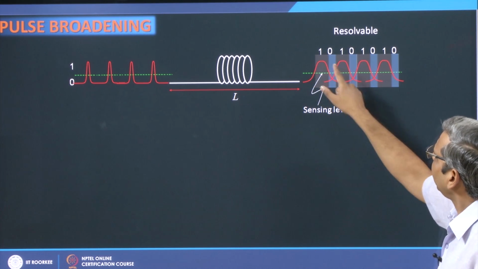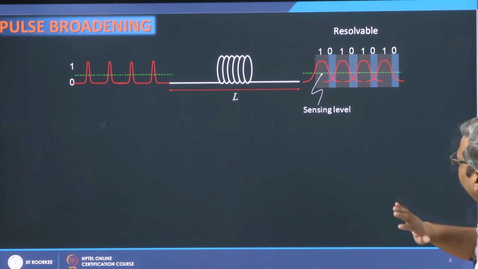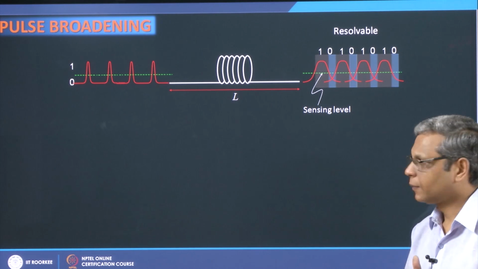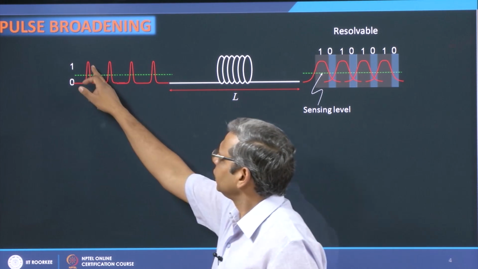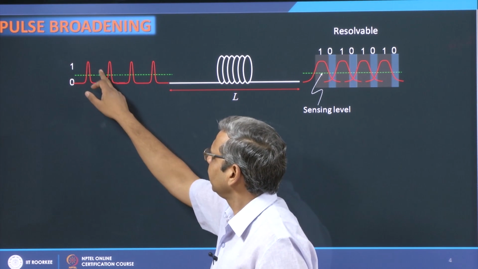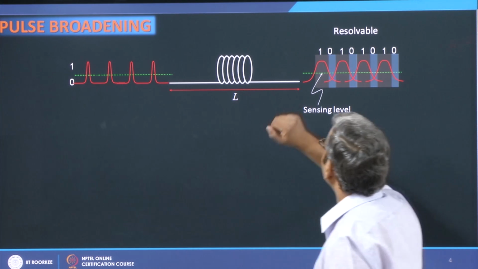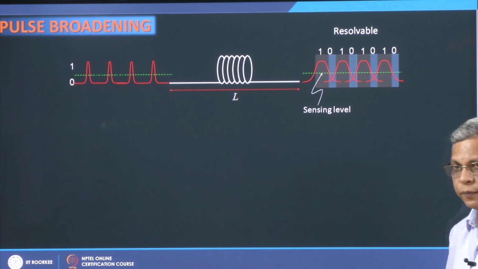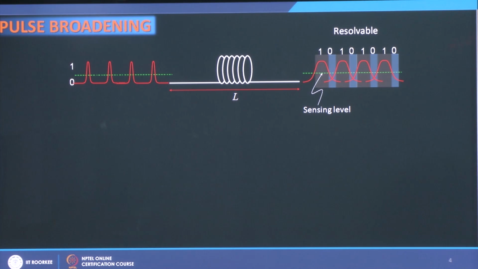So, high and low regions are well distinguished. So, these pulses are resolvable. If here I have 1, here I have 0, then I will receive it as 1 and 0 and my information is intact.